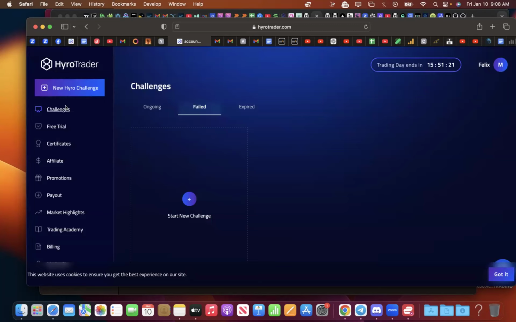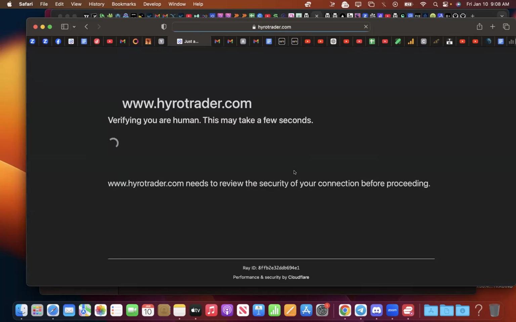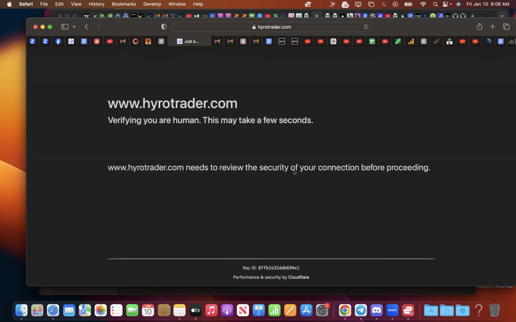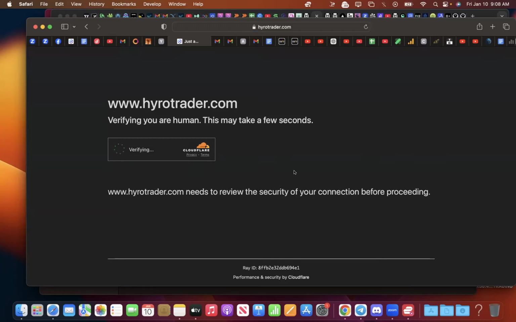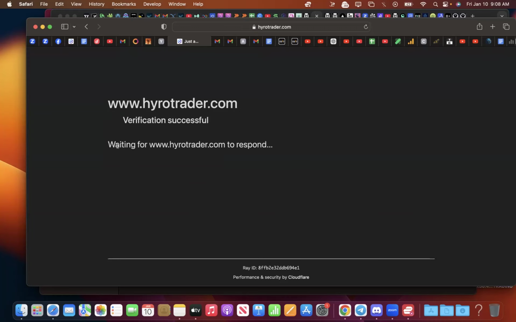Of course, conditions attached. So you can pay for maybe a $5,000 challenge account, or $10,000 challenge account, or I think a $25,000 challenge account, $50,000 challenge account, up to $100,000.